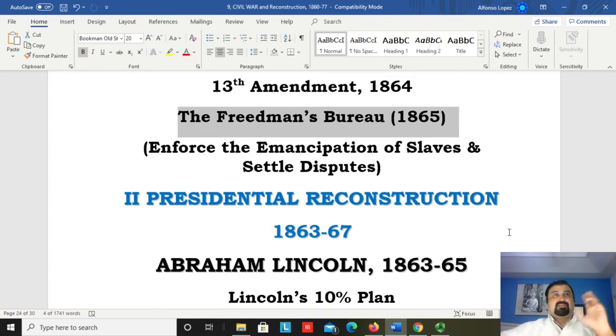So I need that person to stay here on the plantation and work for me to pay that debt. There were situations like that, and so the Freedmen's Bureau was to intervene and settle those disputes.